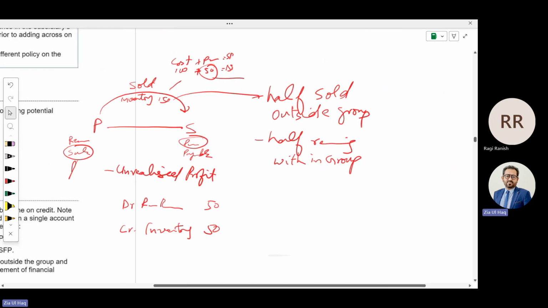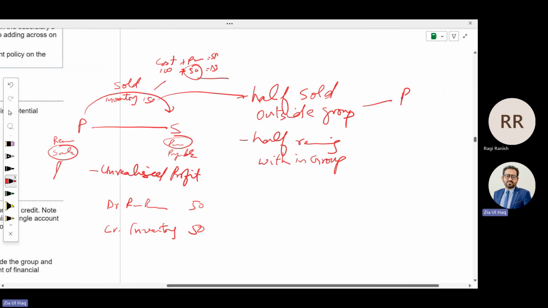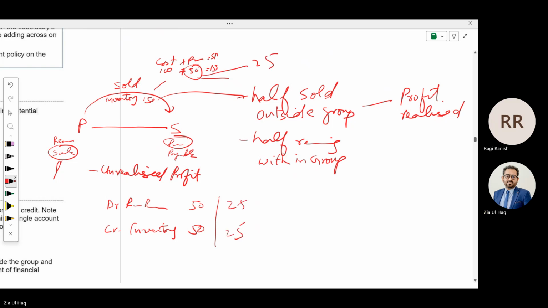If half sold outside the group, this means for half the profit is realized, from outside the group, the general public. Relating to the other half of inventory, there is unrealized profit. Then we need to pass this inventory entry with how much amount? Half, 25 rather than 50.